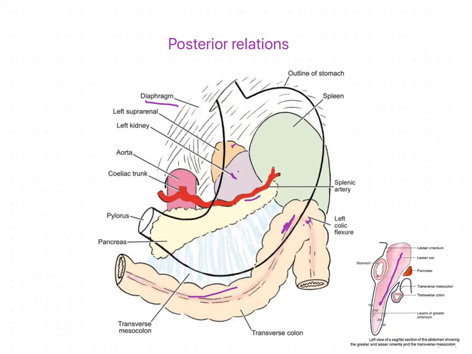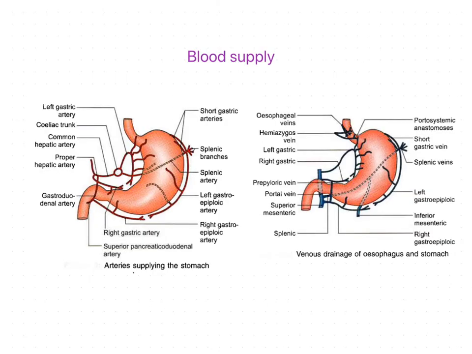So now we will see the blood supply, lymphatic drainage, and the nerve supply. If you see the blood supply, the stomach is mainly supplied from the celiac trunk. Already we have seen the branches of the celiac trunk, isn't it?